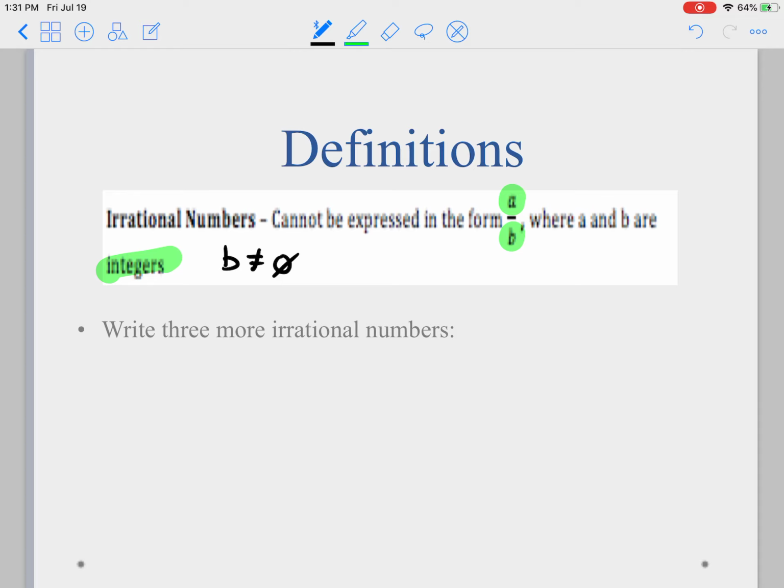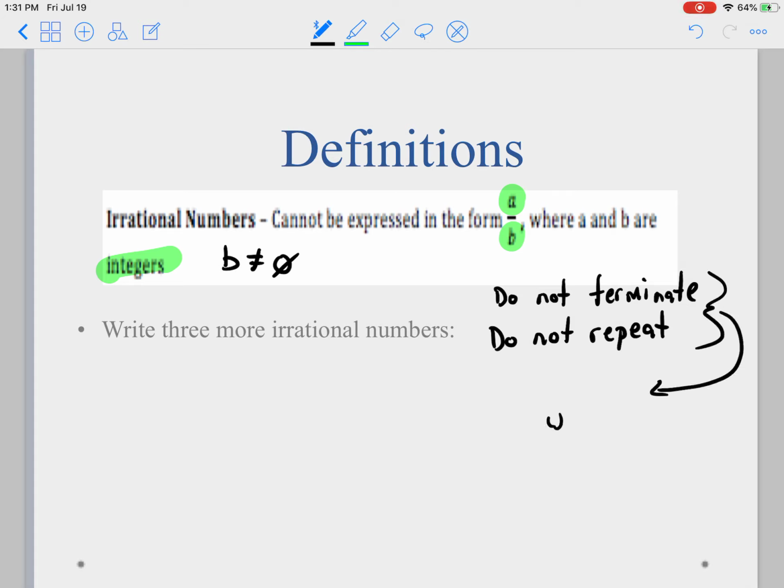They cannot be expressed in that form because they will neither terminate, so these do not terminate, and do not repeat when written, and I'm going to make a little note here, when written in decimal form.